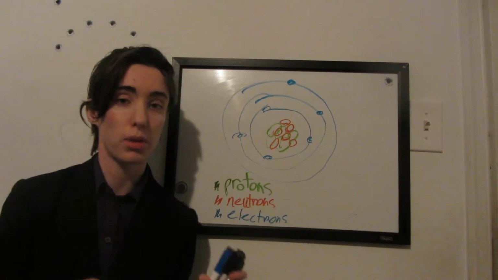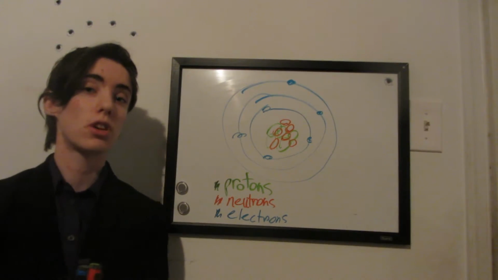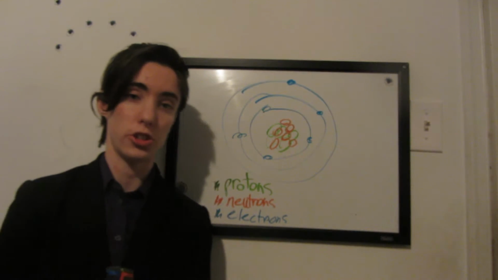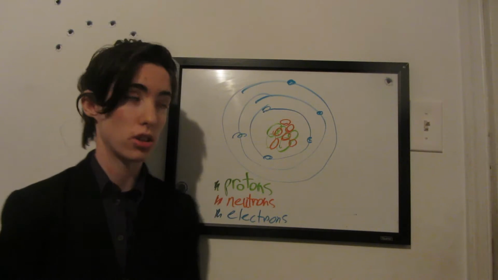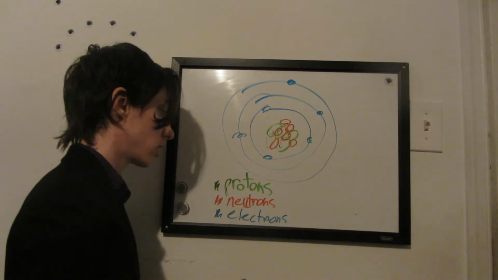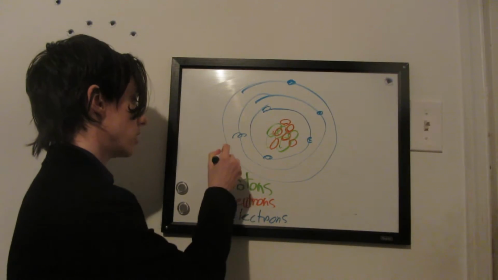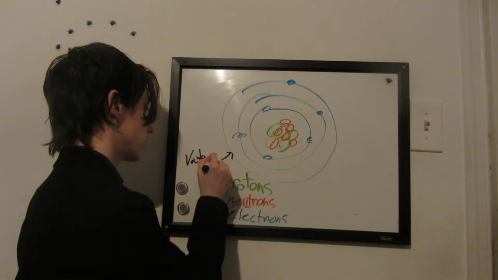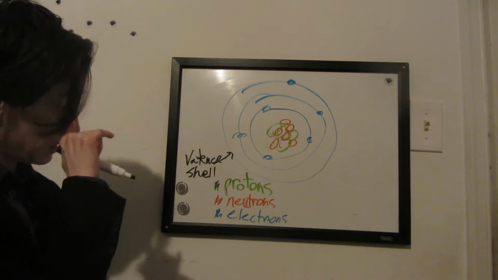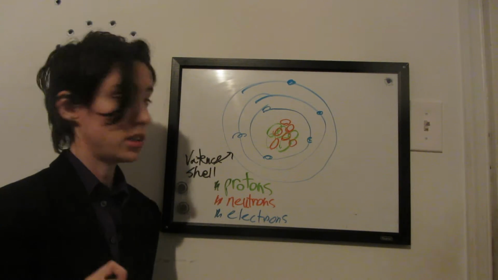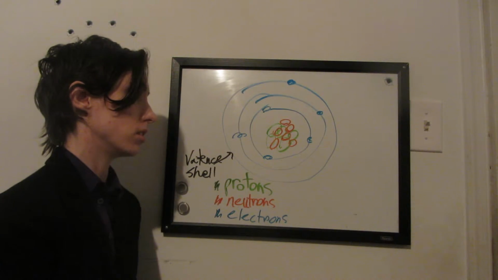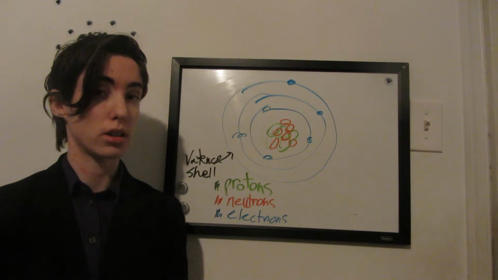This is needed to properly understand what a valence electron is and for understanding ionization energy, which is related to valence electrons. Now, the outermost layer, the outermost shell, is called the valence shell. And it is related to valence shell configuration, which we will get into later on after periodic trends.